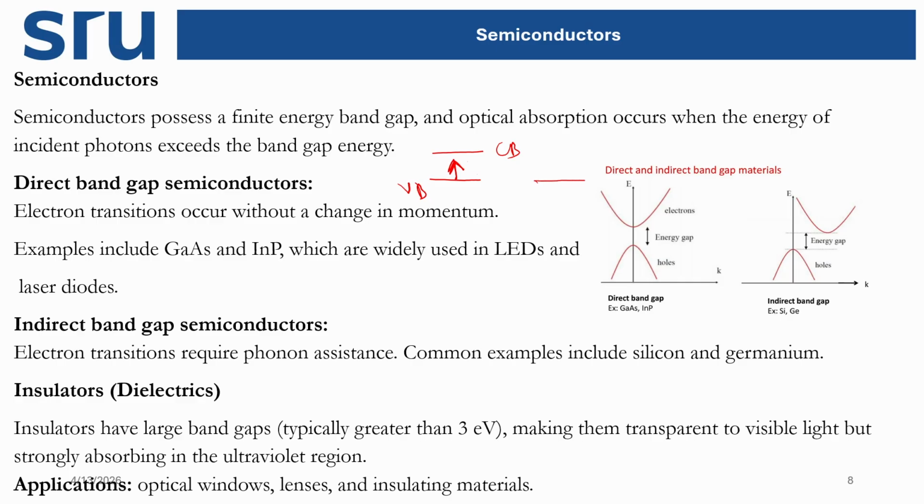But in a semiconductor there is a little bit of difference. If you provide sufficient energy, then an electronic transition can happen from the valence band to the conduction band. For an insulator, this energy gap is very high, so it cannot be given that much energy, and an electronic transition of the electron from the valence band to the conduction band can't be done.